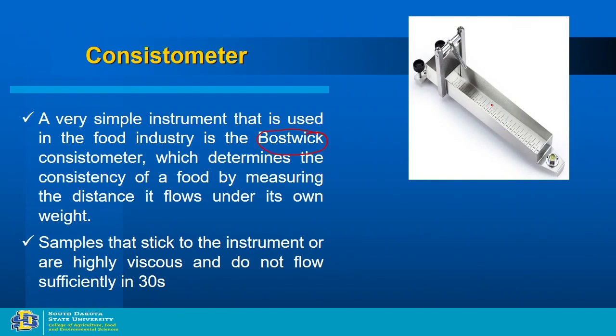So basically you keep your product to be tested here, and there's a gate here. As soon as you lift the gate you time it, or there is a scale here, then you can see how far it goes, and that could be one way of indicating the viscosity of that fluid.